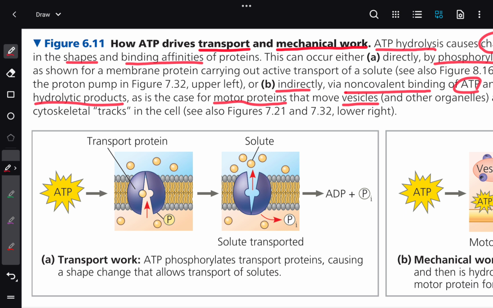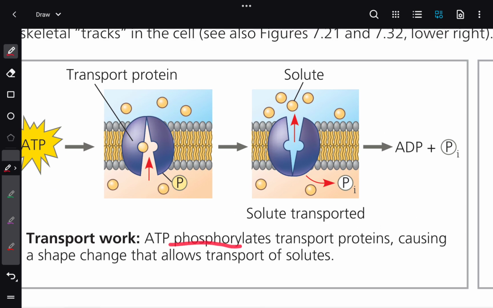So if we look at it, transport proteins here with ATP. Now, what does ATP do? ATP phosphorylates. What does that mean?